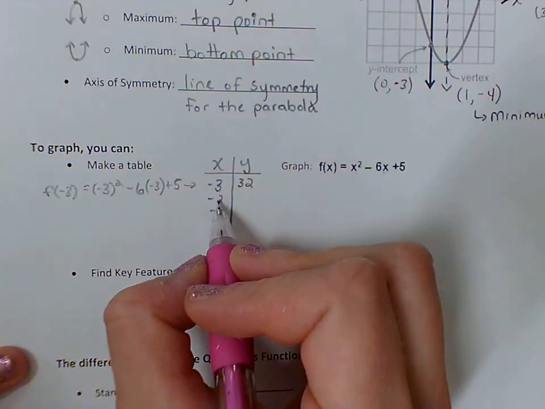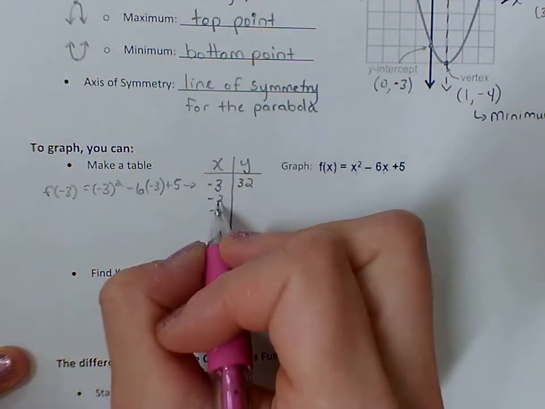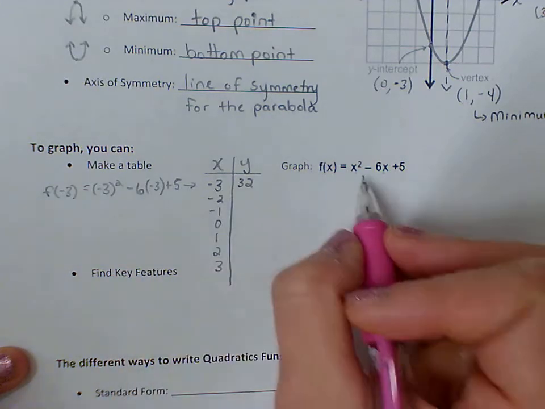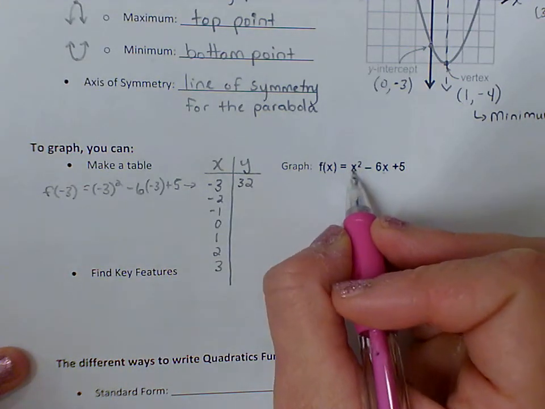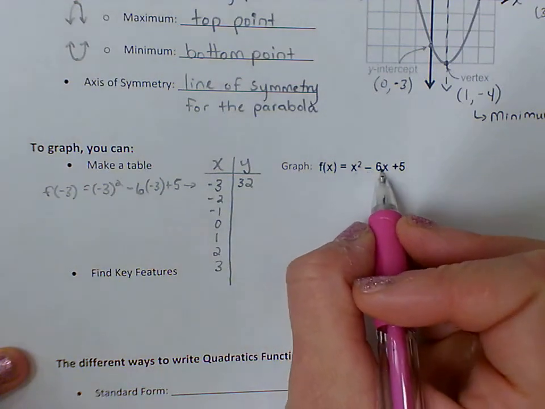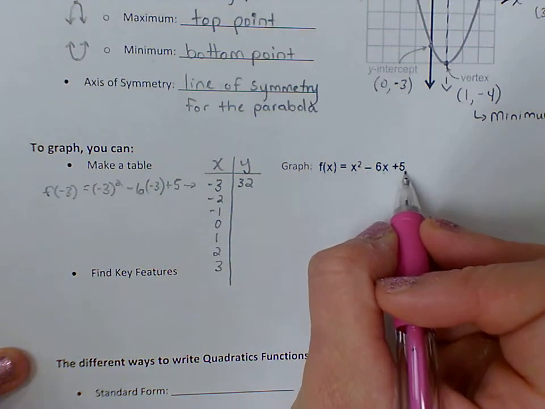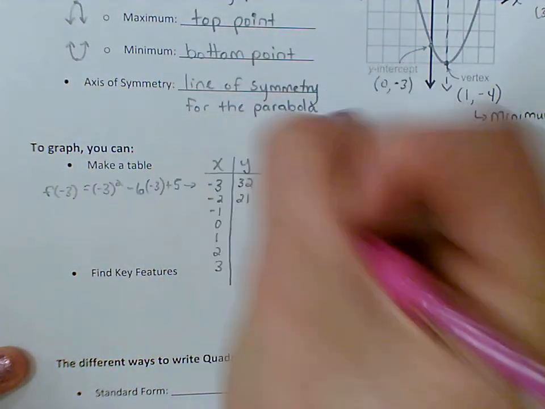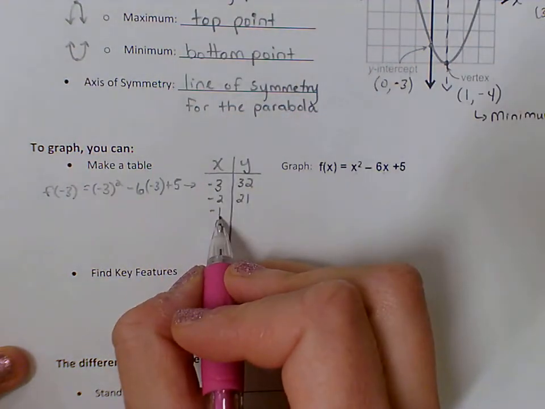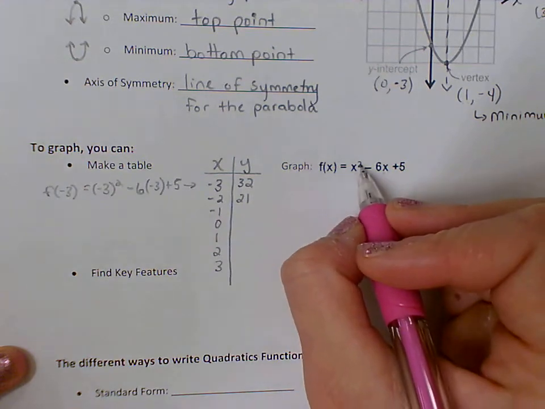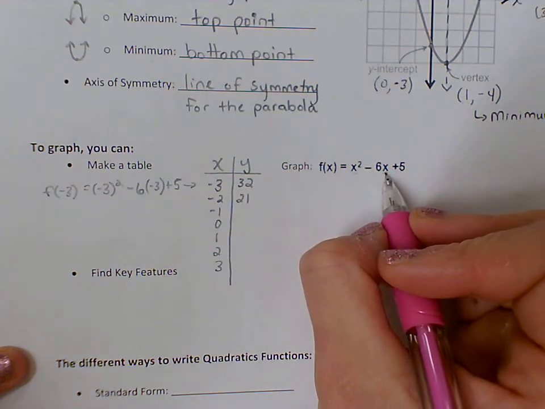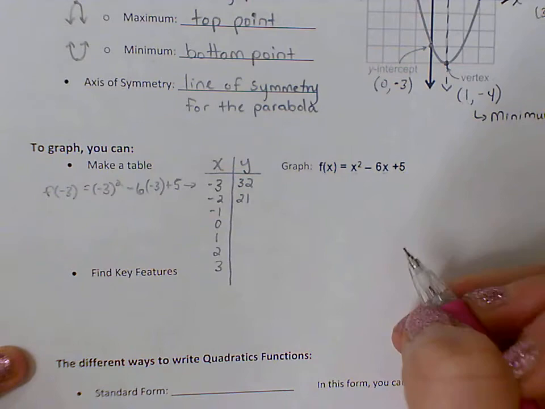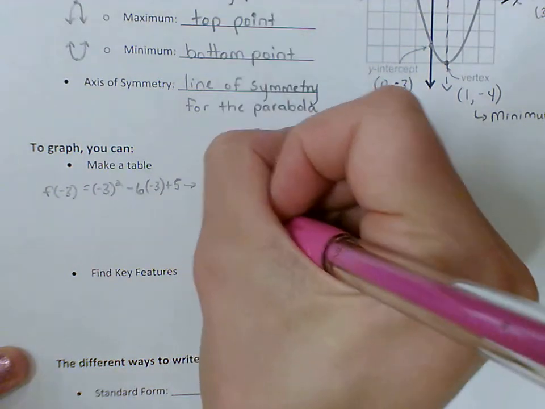And so I'm going to do the same thing with all the rest of these. So if I plugged in -2, it would be -2 squared, and I have to put in parentheses -6 times -2 plus 5. And whenever I plug that one in, I end up getting 21. And then I would plug in my -1. So it'd be -1 squared - 6 times -1 plus 5. And so when I plug that in, I get 12.